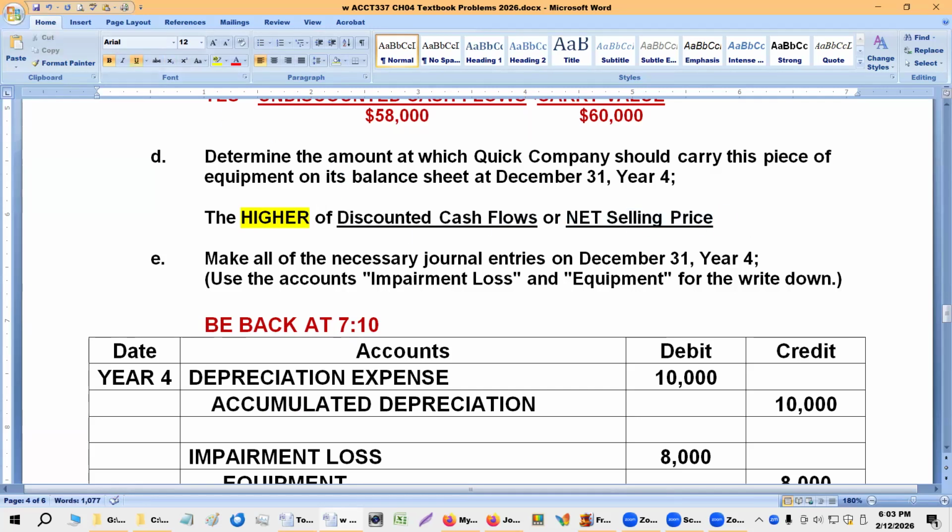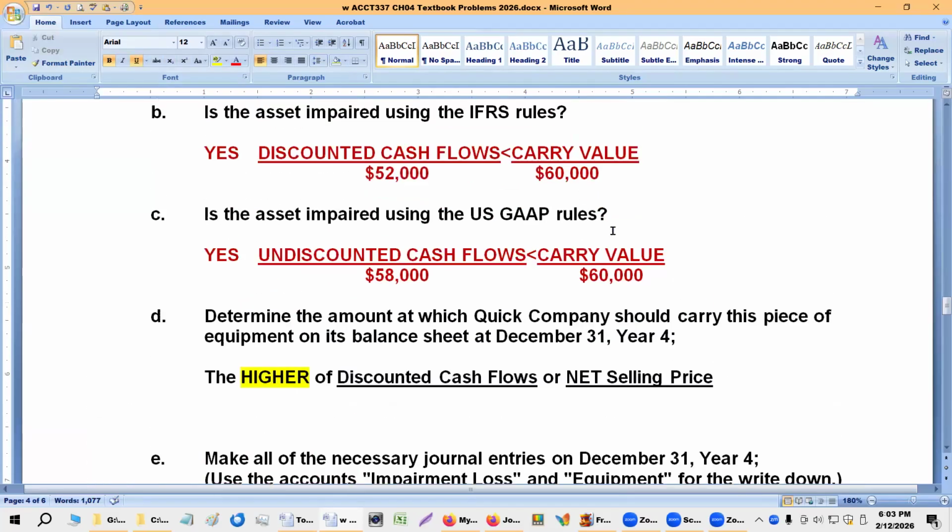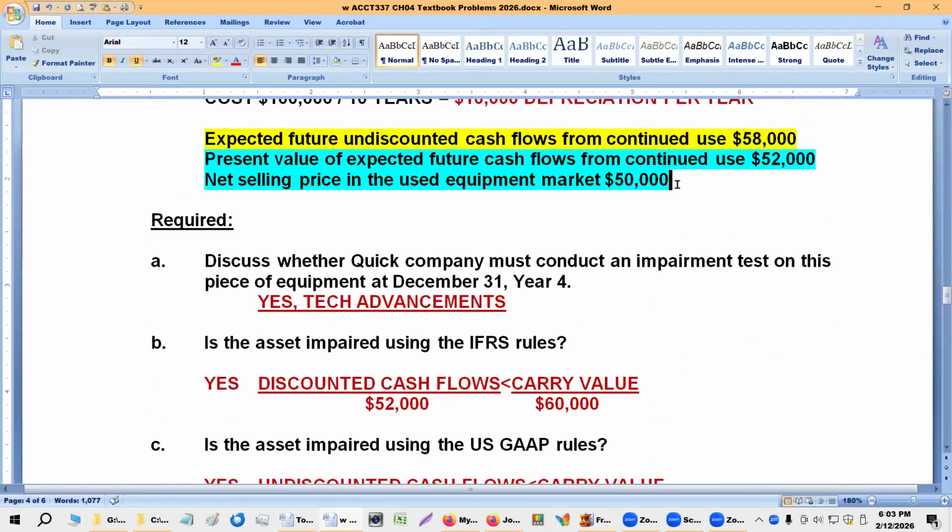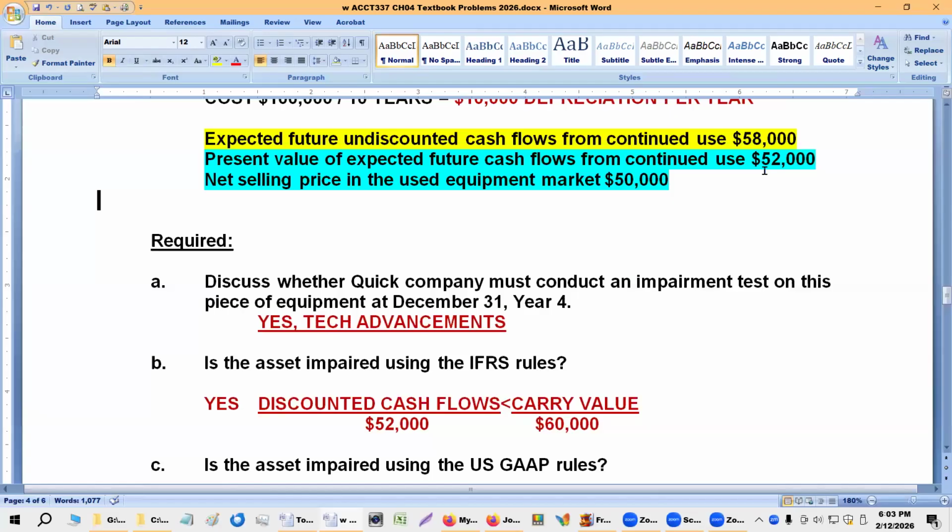Okay, so let me come up here and talk about the net selling price. Net selling price is whatever you sell it for minus selling costs, like commissions or something like that. So for example, we have the selling price. Let's pick a number just for yucks.